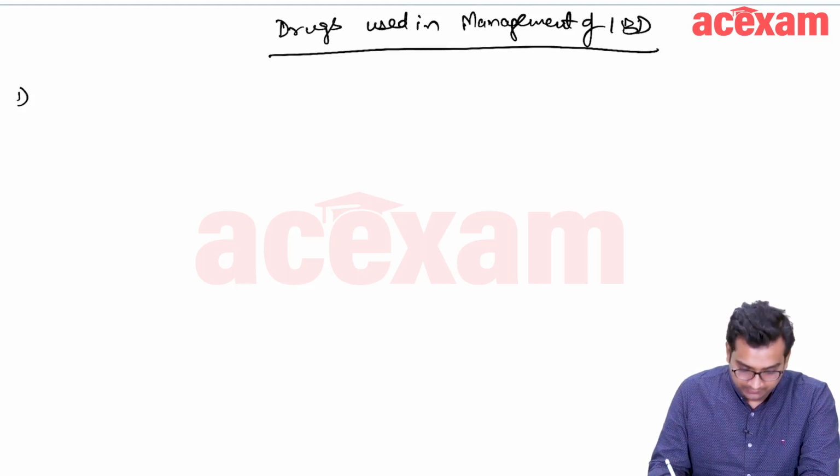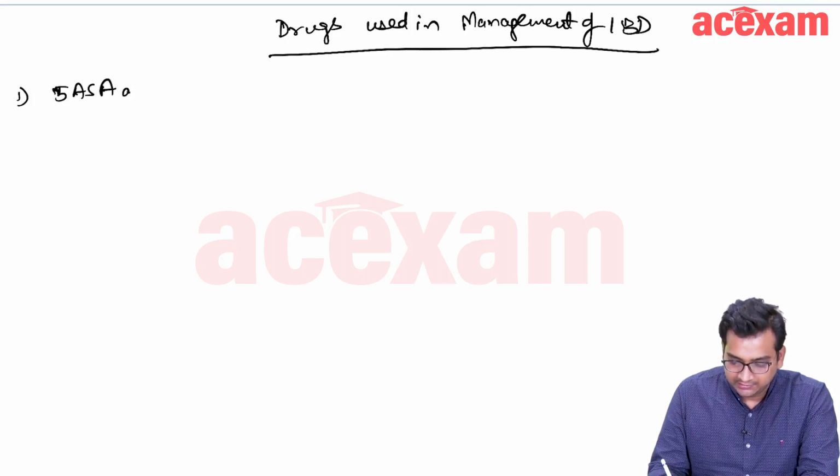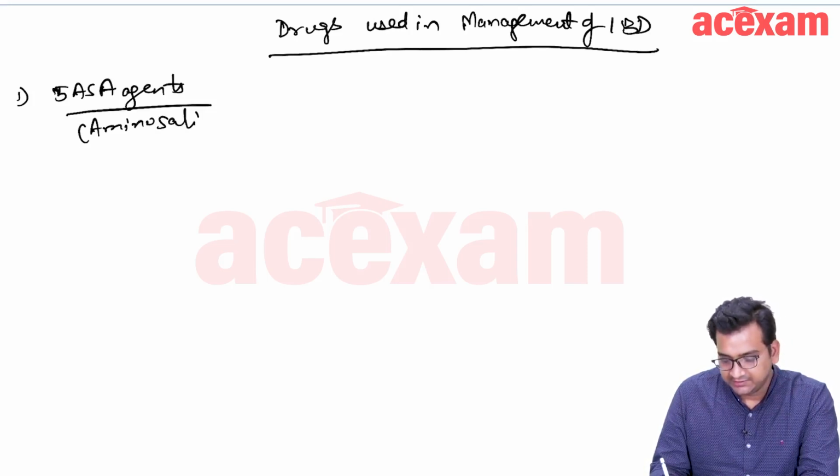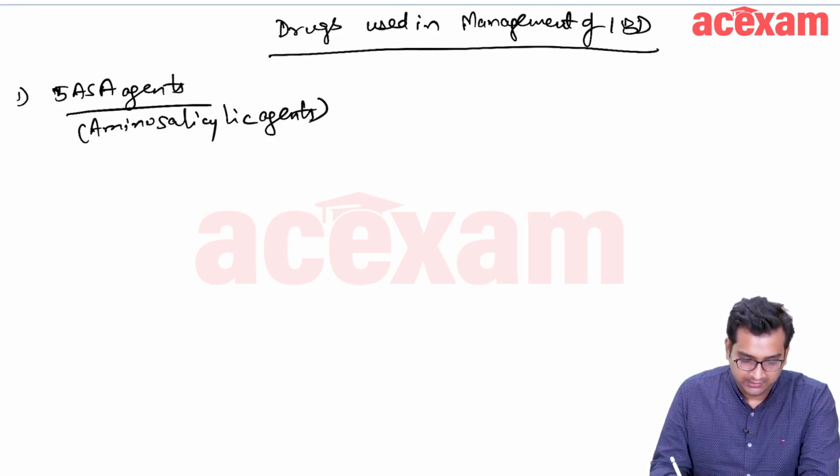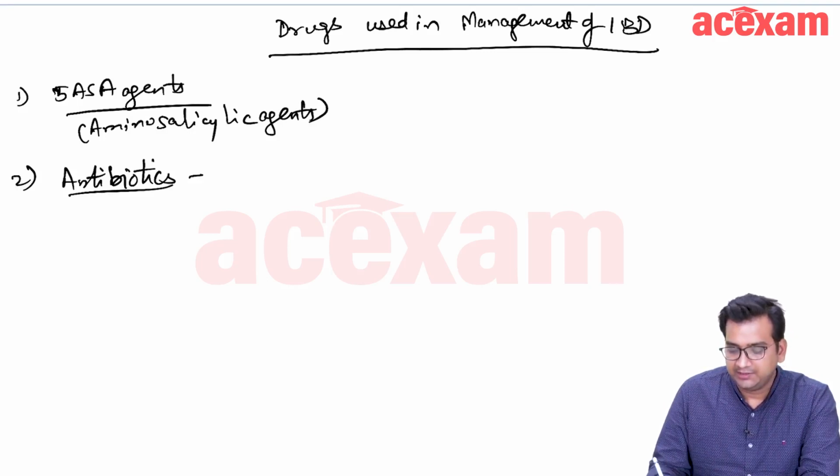So, they are 5 aminosalicylic agents, 5 ASA agents. Then there are antibiotics. Which antibiotics? Generally we are giving ciprofloxacin and metronidazole.